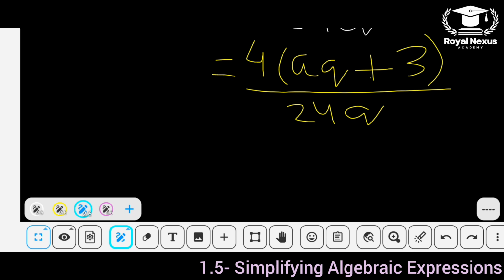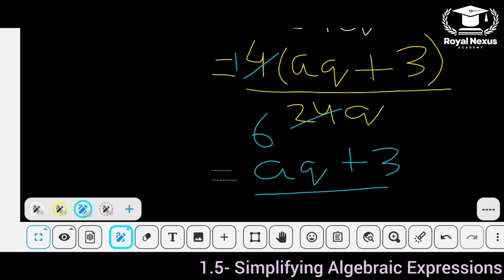So now you can just simplify it. 4 times 1 is 4 and 4 times 6 is 24. So the final answer to this question will be aq plus 3 upon 6q. So this is the final answer to this question.